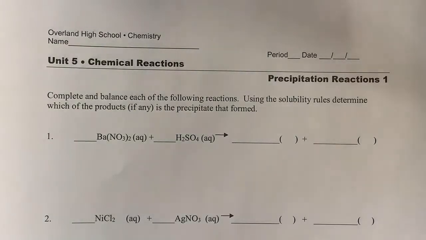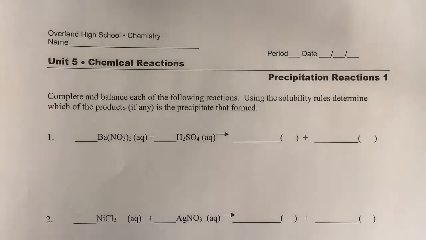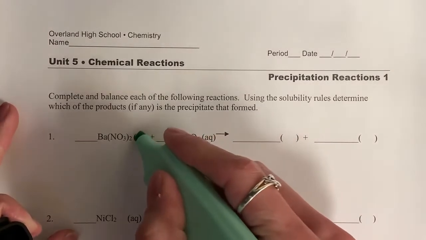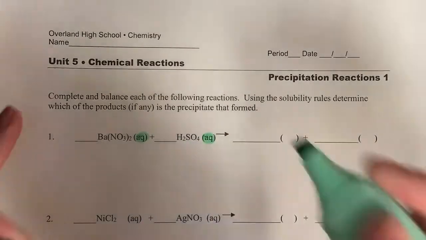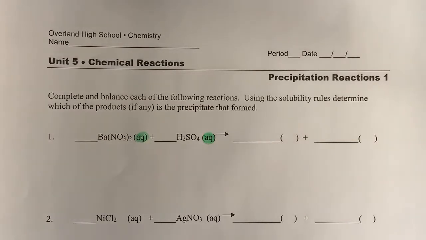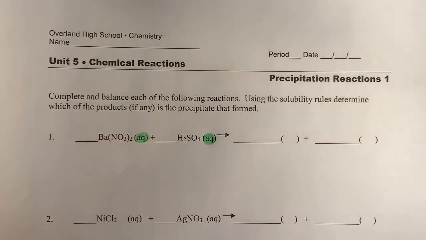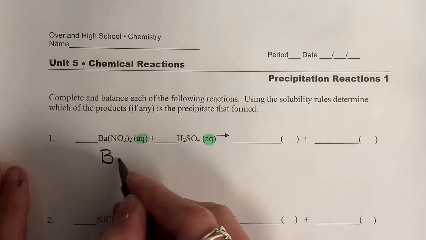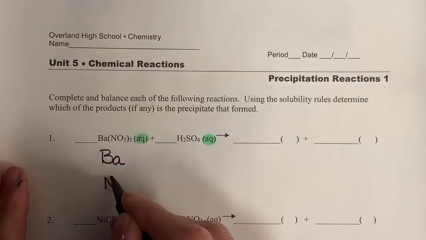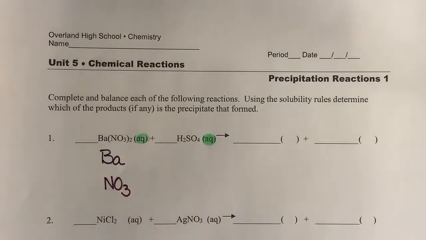So precipitation reactions always start out with two aqueous ionic compounds, okay? So I have two things dissolved in water. Now this is important because ionic compounds, when they're dissolved in water, actually break apart into ions. So instead of having barium nitrate floating around, I'm gonna have Ba and NO3.